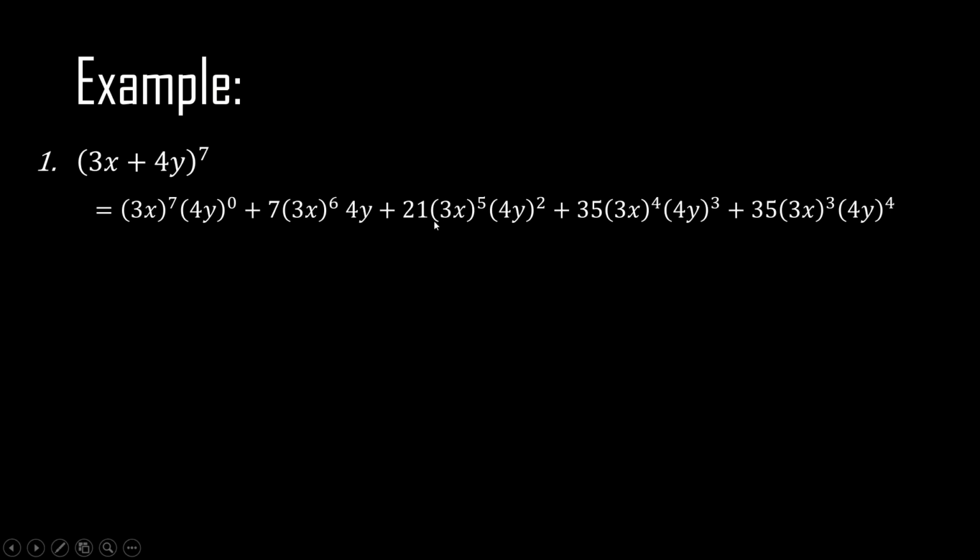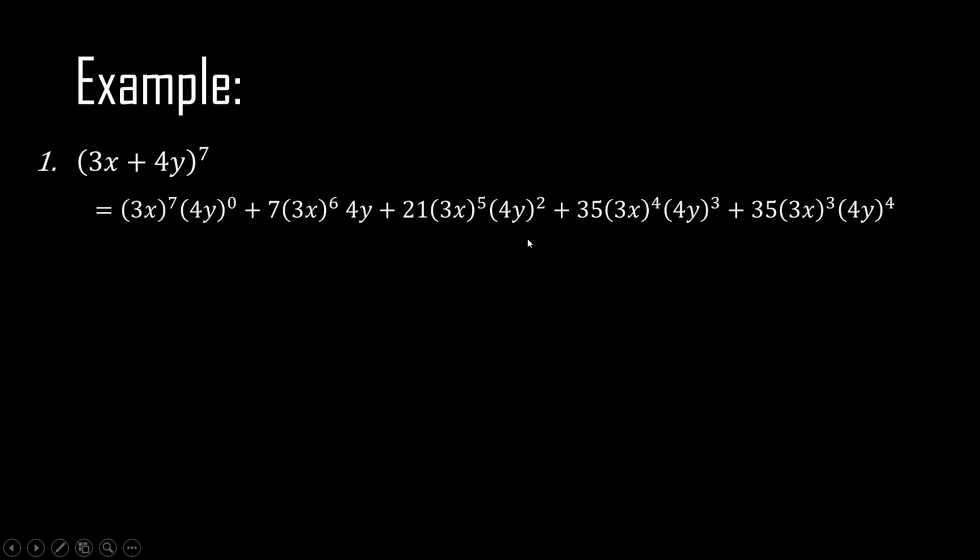Then again times the first term raised to 5, because we have to decrease this exponent by 1, and then the second term raised to 2, because it will increase by 1. So from the third term, you are going to repeat the process again, just like how we find the third term.